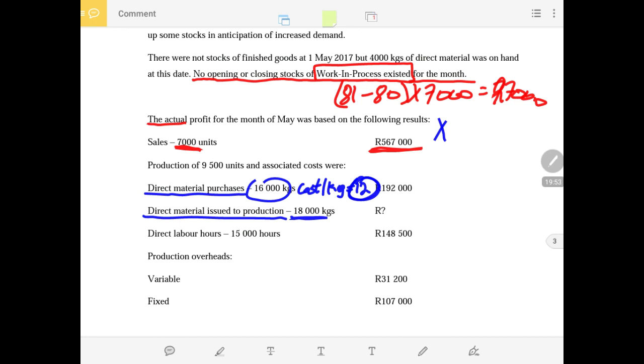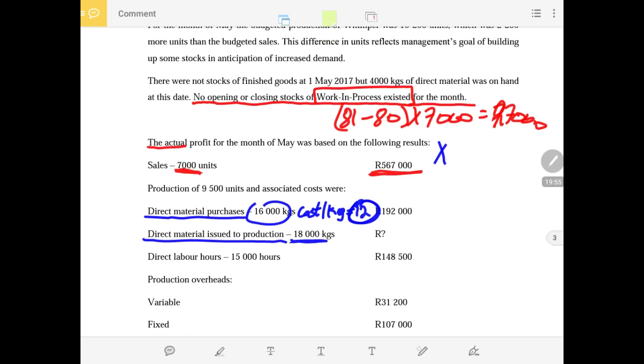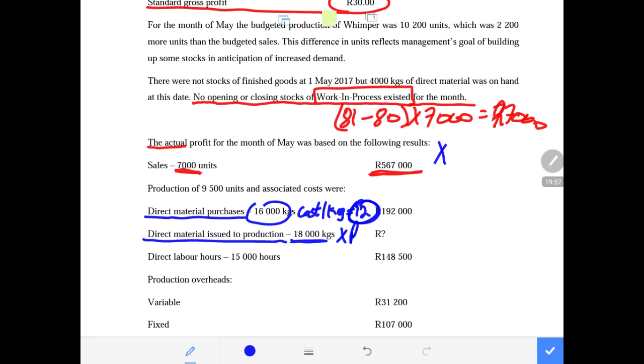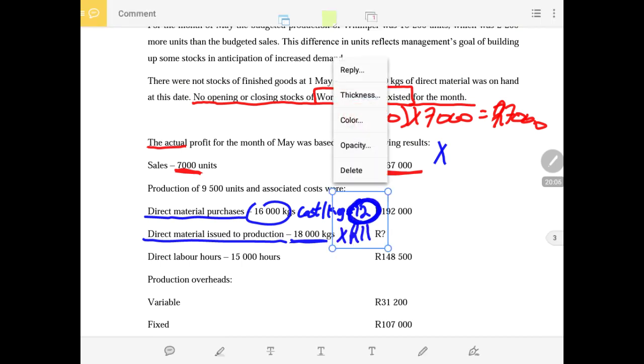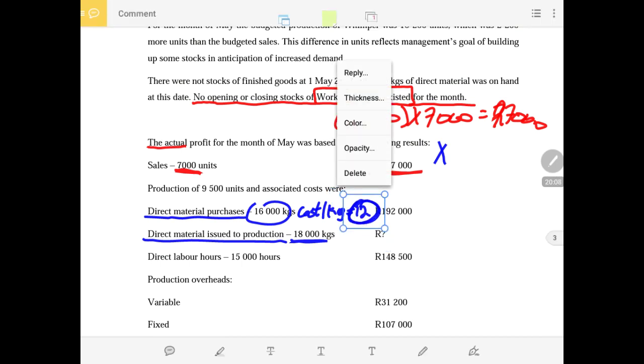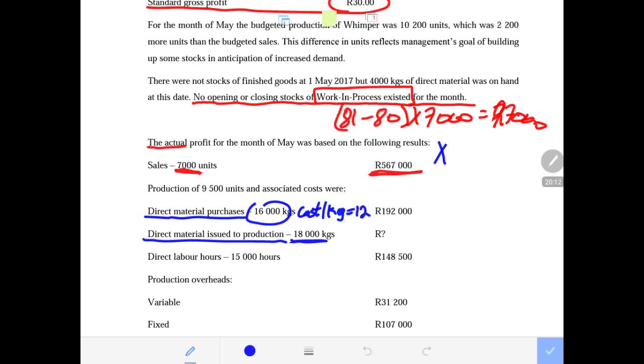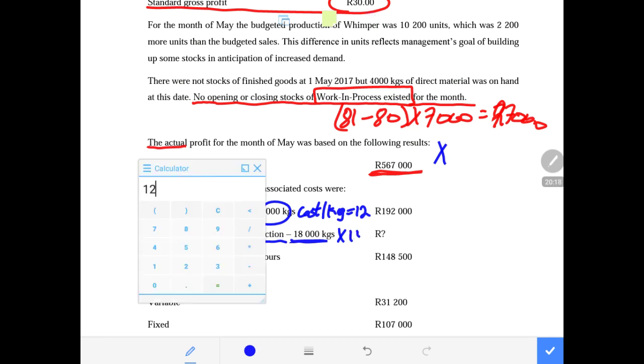Remember our stock is valued at standard cost. So we will not multiply by 12 rand, because 12 rand is the actual cost, not the standard cost. That is why this will be multiplied by 11 rand, and this gives us the cost of the material issued to the production department.